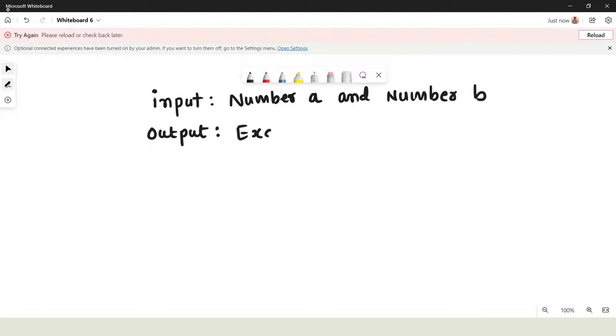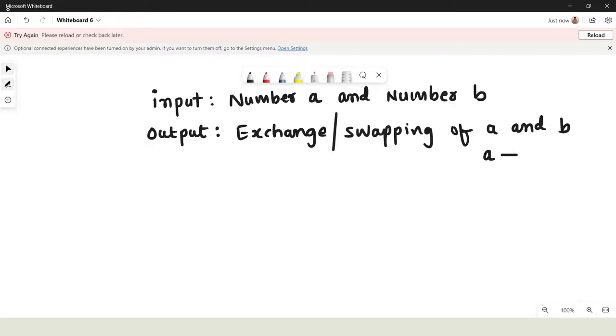Exchange, or I can say swapping of A and B, that is A to B and B to A. Or either you can write swapped numbers, right?